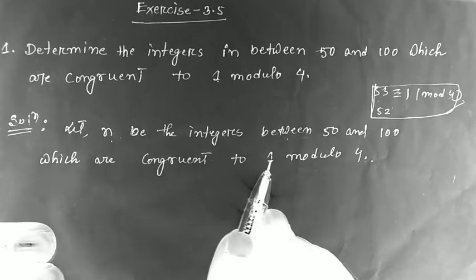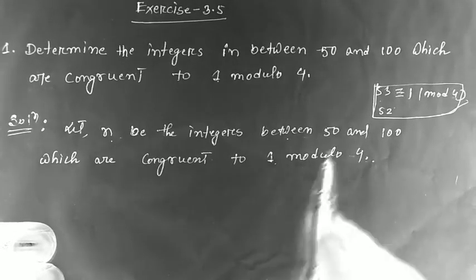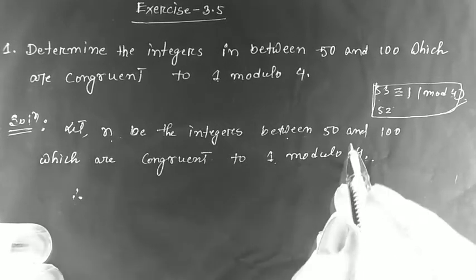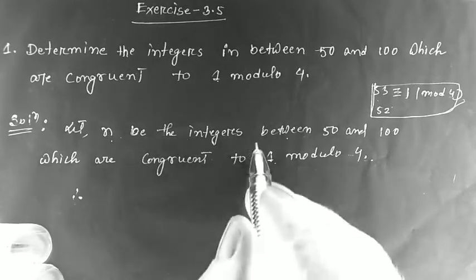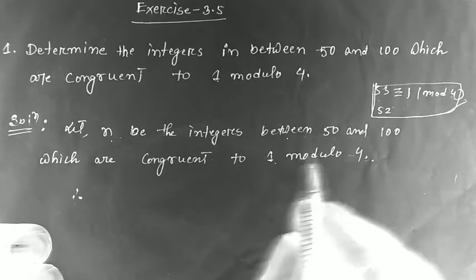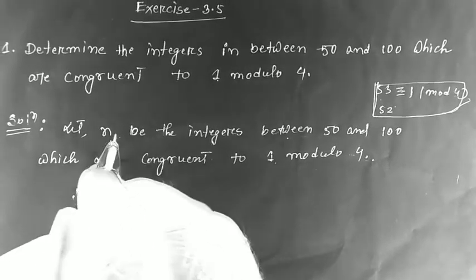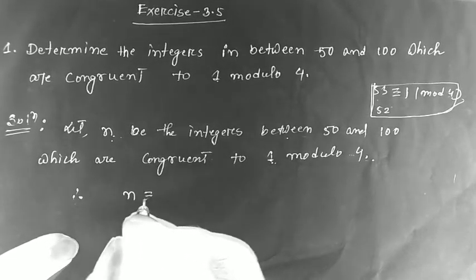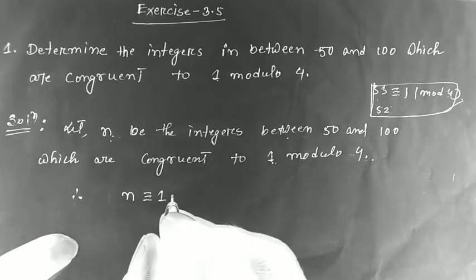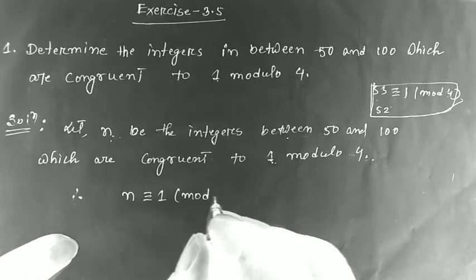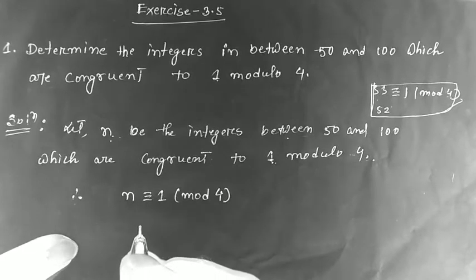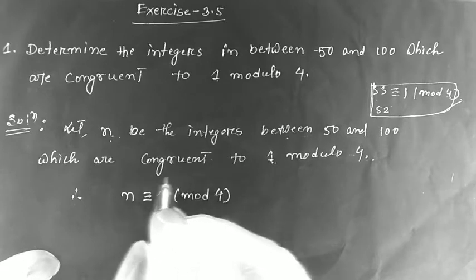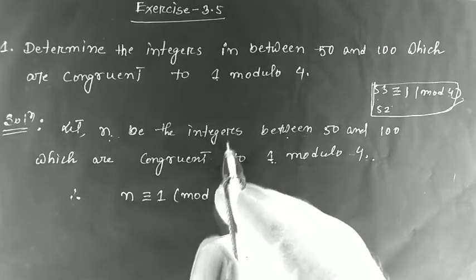That means n is congruent to 1 modulo 4. In mathematical form, using congruency, we write n is congruent to 1 mod 4. So from this we can write according to the question.